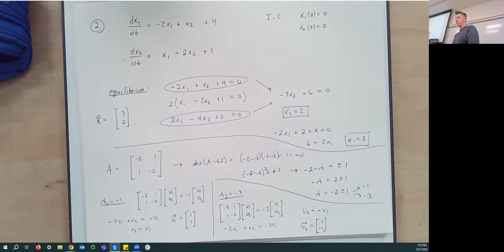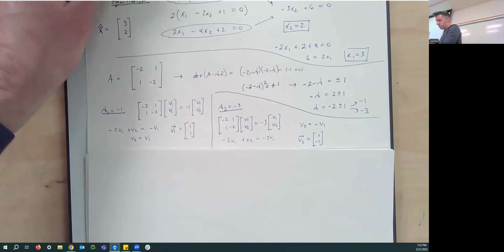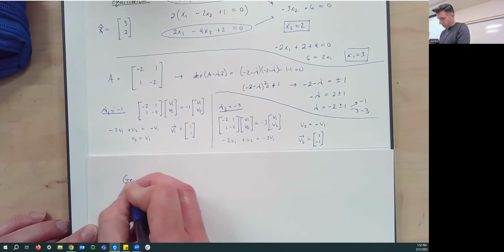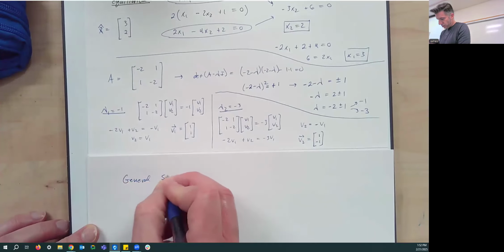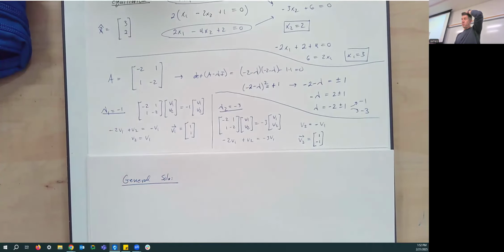Now let's write our general solution. And even though I didn't do the whole y substitution, I'm still going to write it in terms of y just for the moment.